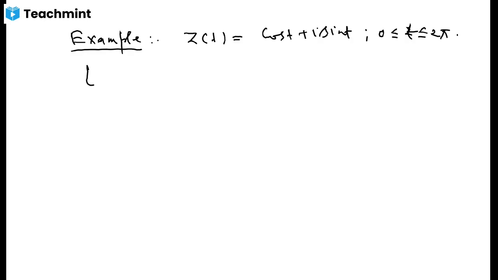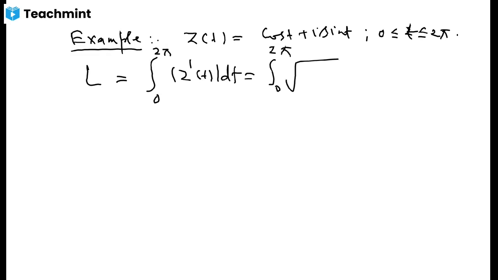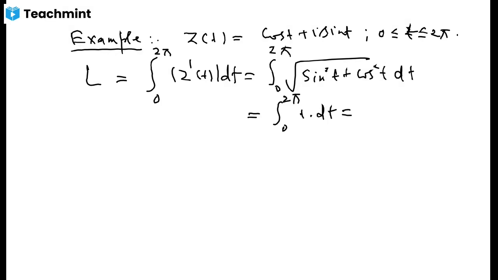And then its length has to be the integral from 0 to 2 pi of mod z'(t) dt, which is the integral from 0 to 2 pi of the square root of sin square t plus cos square t dt, and because sin square t plus cos square t is 1, you have this thing 1 dt, and this integral is nothing but 2 pi.